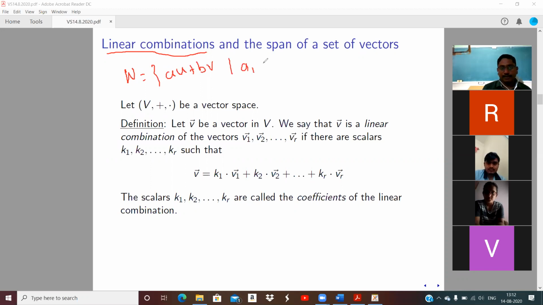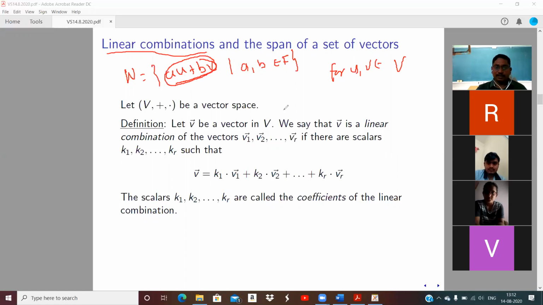What are a and b? a and b are the scalars, and U and V are any vectors in vector space V. So this is called a linear combination of U and V, two vectors.